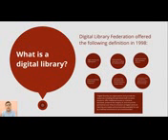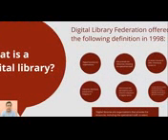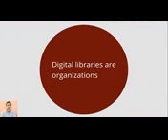The Digital Library Federation offered the following definition in 1998, and I have actually broken this definition down. According to them, digital libraries are organizations. This is the very first thing you need to understand. Whether they are academic libraries, commercial publisher websites, corporate websites, or whatever they are, digital libraries are organizations.